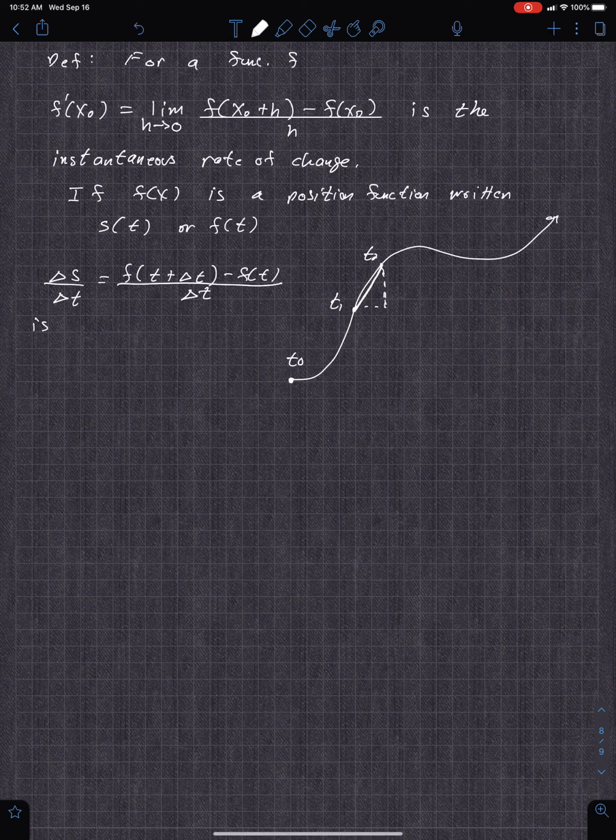If this is t, this would be t plus delta t. The difference here is your difference of function values, and this is the difference of your t values, or your increment delta t. That is what we refer to as the average rate of change.